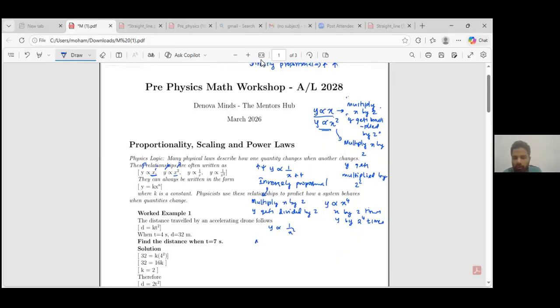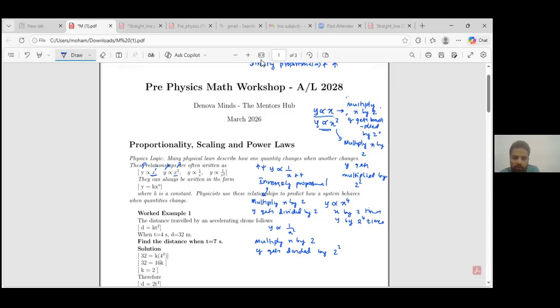In that case, when I multiply x by 2, y gets divided by 2 squared. So this is the idea of inverse proportionality.